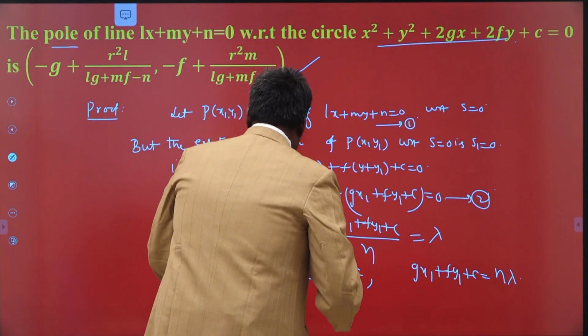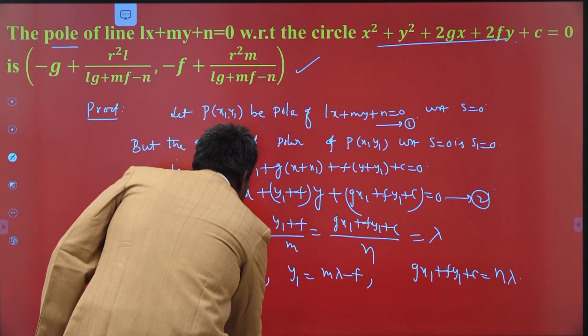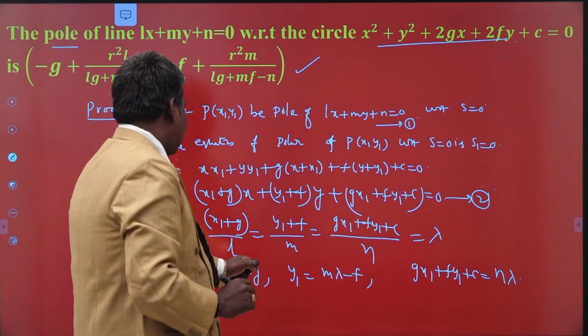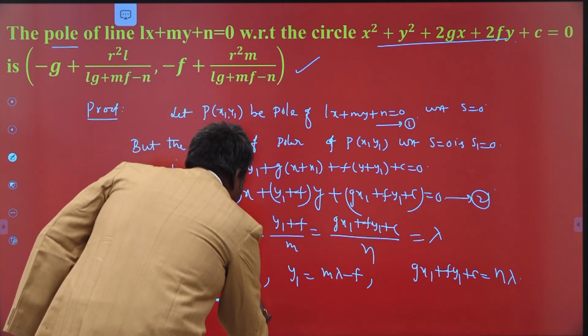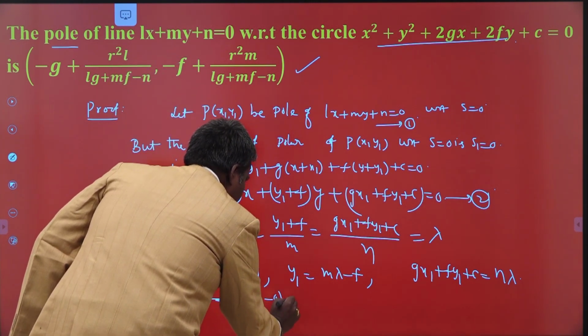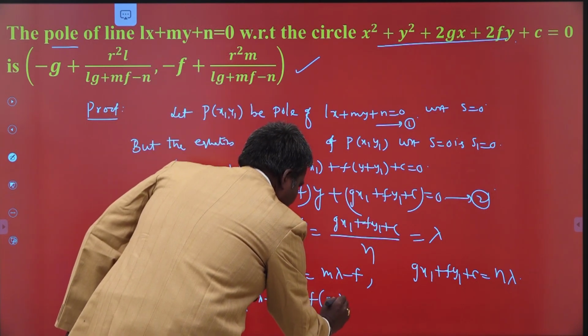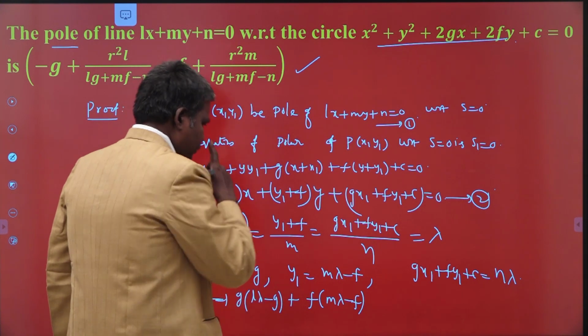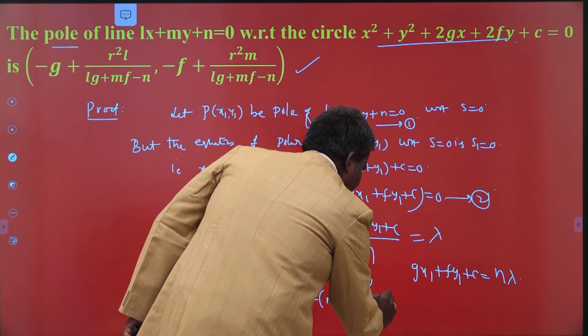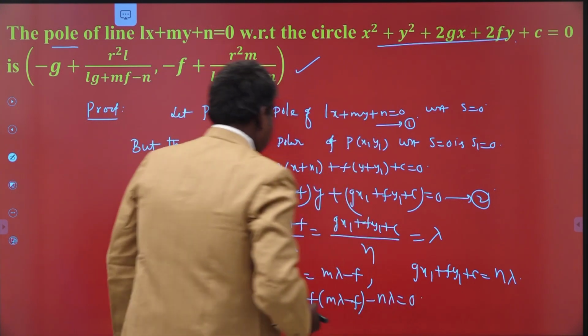So g times of x1, which means (L lambda minus g), plus f times of (M lambda minus f), minus N lambda is equal to 0.